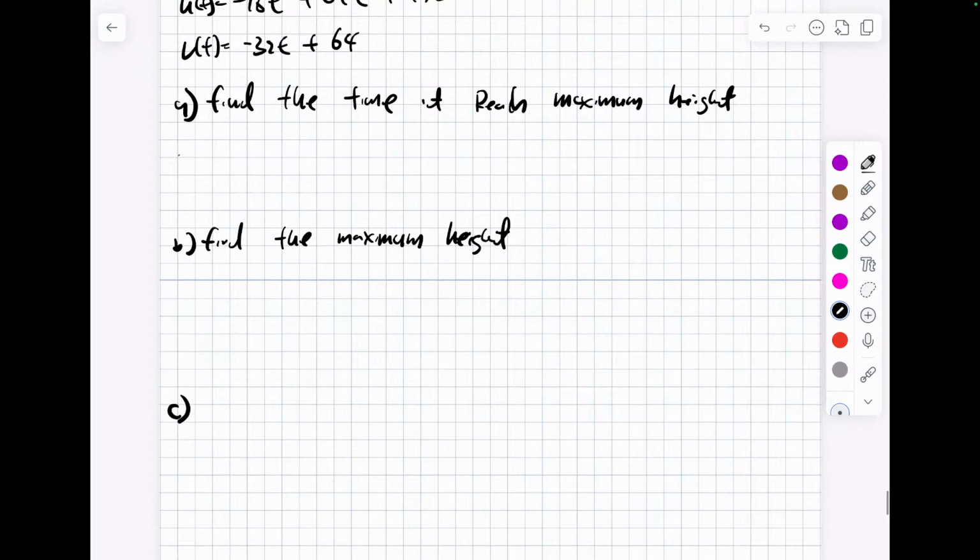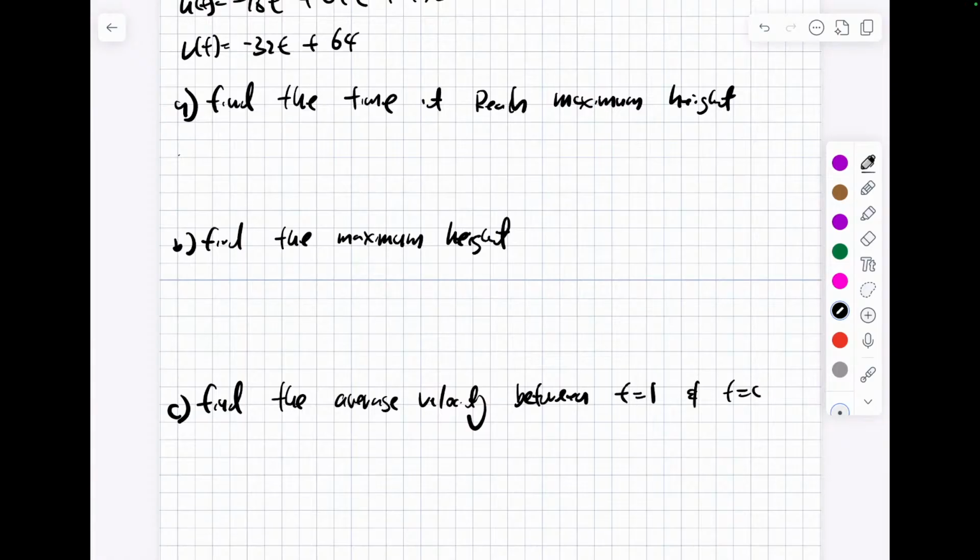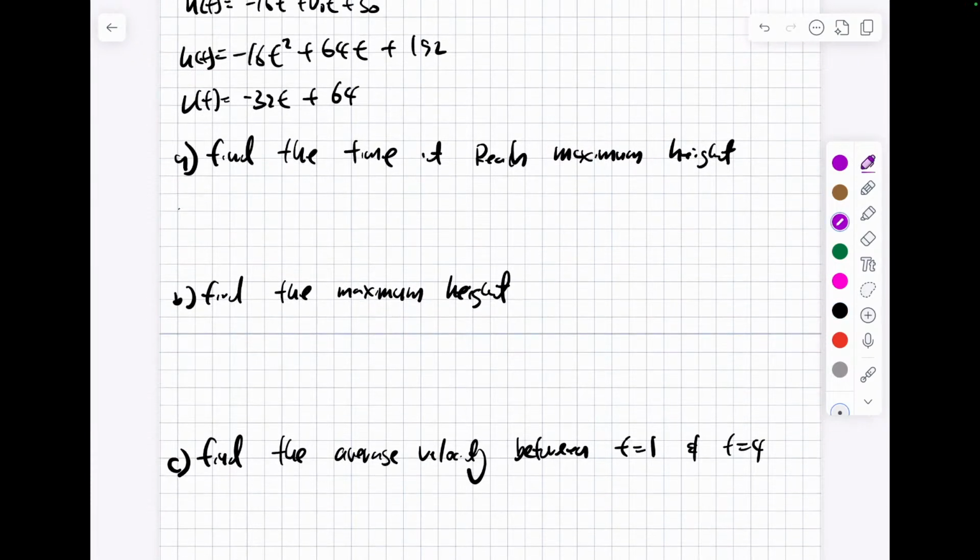C, can you find the average velocity between t equal to 1 and t equal to 4? Now realize that this is not average velocity. This is called instantaneous velocity.